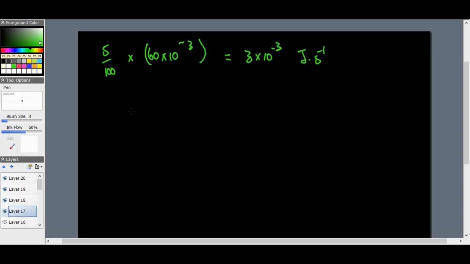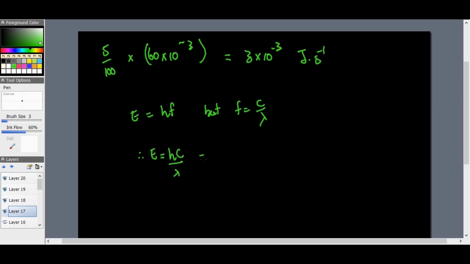Now we know that the energy is equal to hf, but frequency is equal to c divided by lambda. So we combine it to say, therefore, E is equal to hc all divided by lambda.